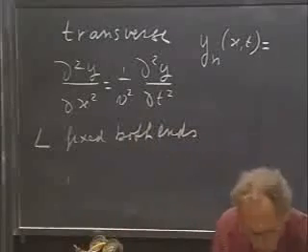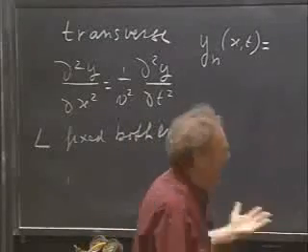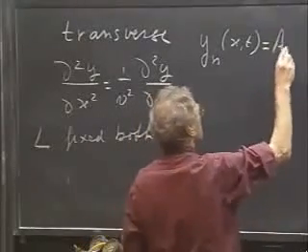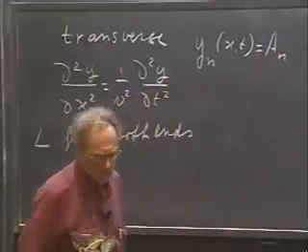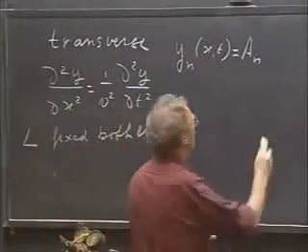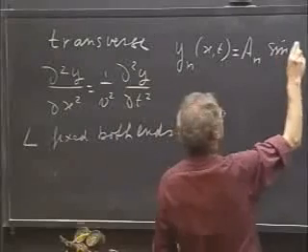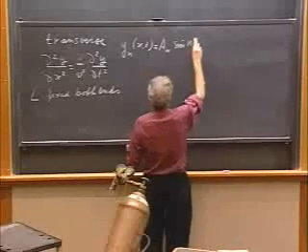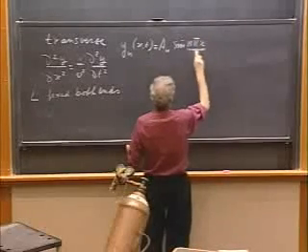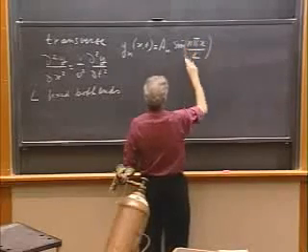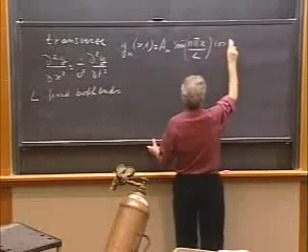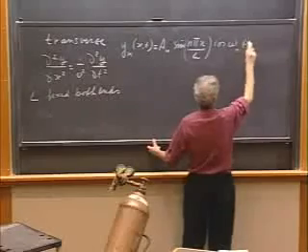We give the amplitude of the nth mode a value that can differ from mode to mode. So we get A_n, then sin(nπx/L), and then cos(ω_n t).